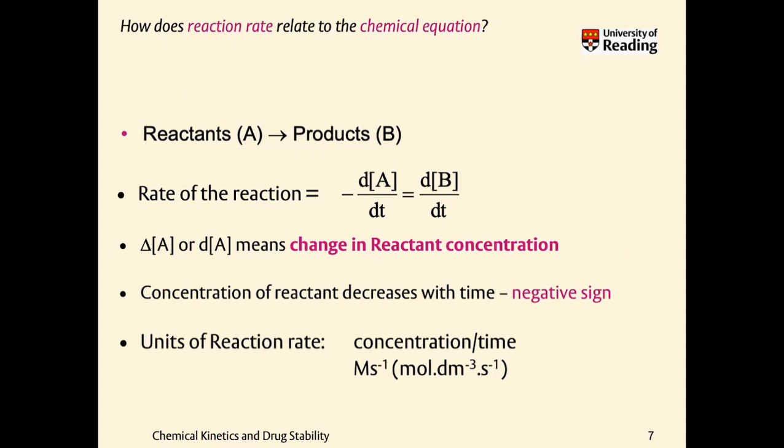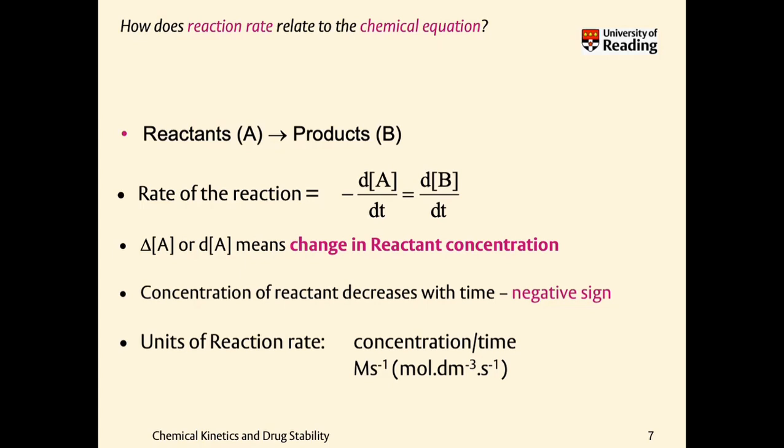The rate of change of reactants can be written mathematically as d[A]/dt. This means the change in concentration of A, the square bracket indicates concentration, against the change in time.